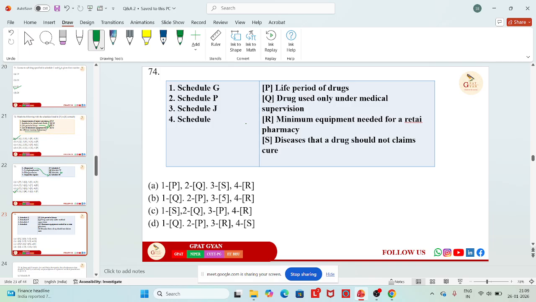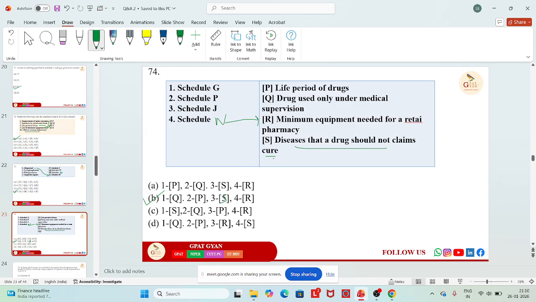Next, the last one will be Schedule N. N is for minimum equipment, so 4 is R. 4R we can find in 3, so we have to go for another option. Schedule G is Q. 4R 1Q, B. Okay, P is life period, 2 is P, and 3 is S. J is for ailment, disease that drug should not claim to cure.